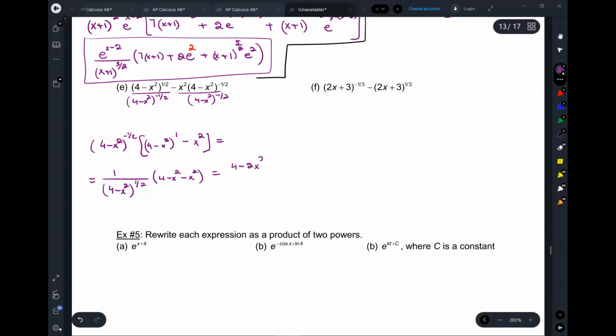All over that stuff underneath. And another way to write that is like this. Okay? So, you can leave the final answer in this form. Well, not in this form. It has to be 4 minus 2x. So you can leave it as the fraction times 4 minus 2x. You can write it like this, like I wrote. Or you can write it as 4 minus 2x squared over this to the power of 1/2.